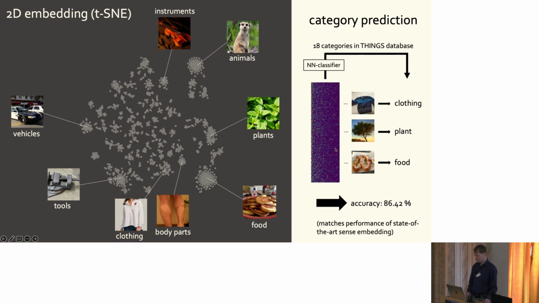We end up getting an accuracy of around 86 to 87%, which really matches the performance of state-of-the-art embeddings from machine learning, but using only these 49 dimensions that we derive from the similarity judgments. I think that's quite nice, because it tells us that we can get category for free by just looking at these similarity judgments.